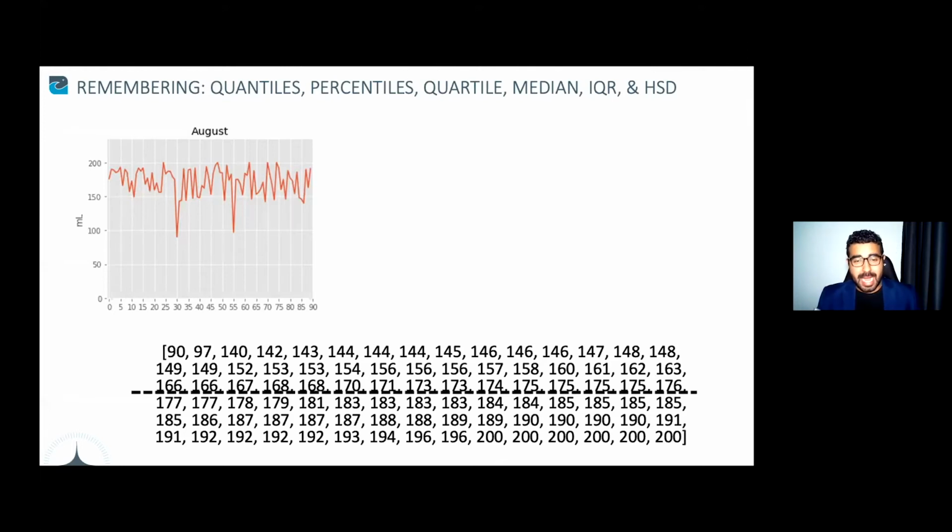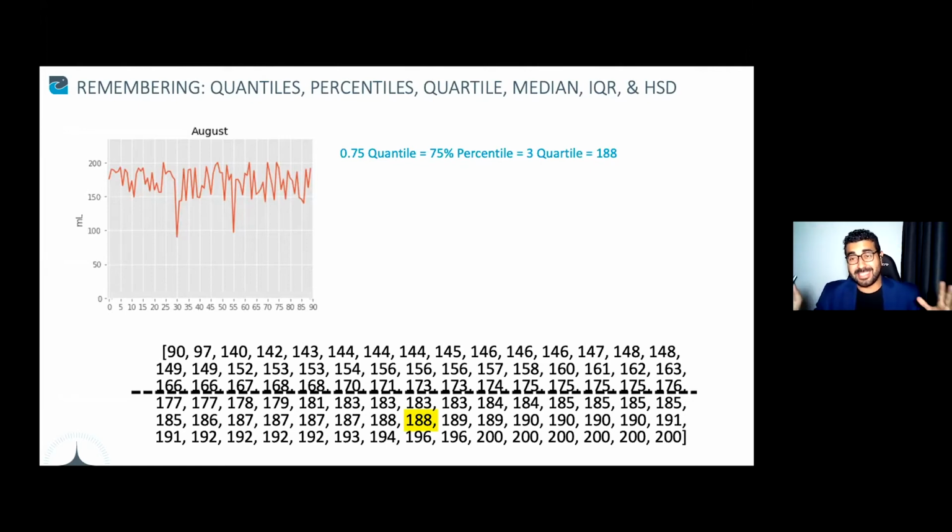Now, if I divide this in the middle, which number is at the middle of the second list? You look at the list and say, looks like that is the 180. This is also called the 0.75 quantile, 75th percentile, or third quartile.